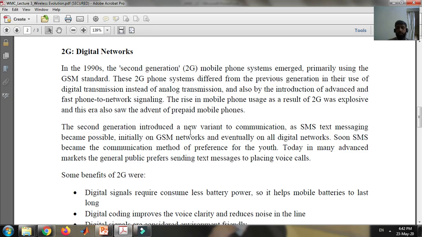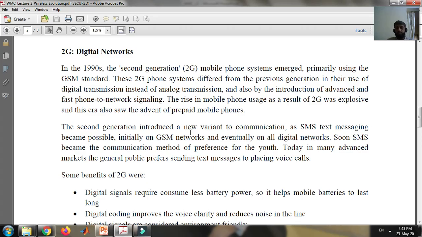They introduced digital transmission, and as we know, digital transmission has certain advantages over analog transmission. So those digital phones provided such advantages compared to the analog telephony available in the first generation.